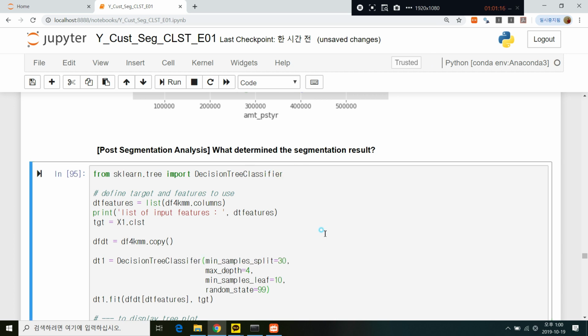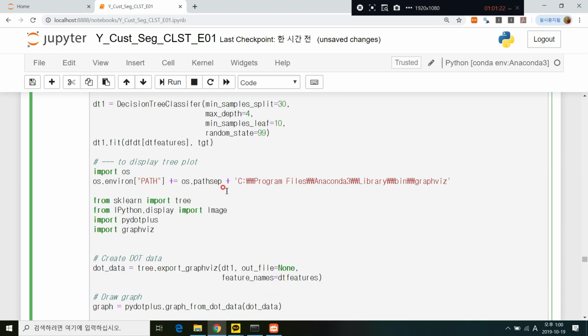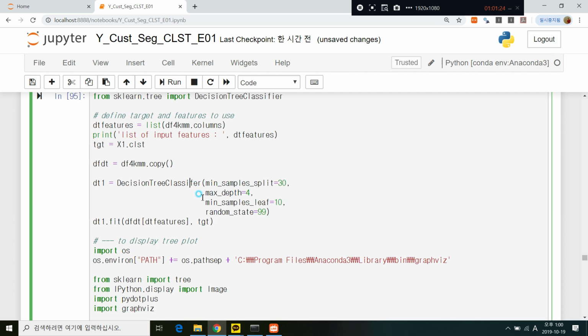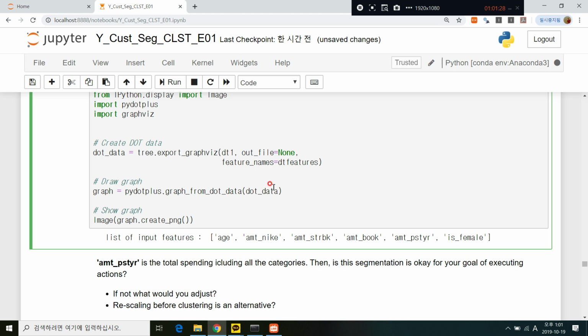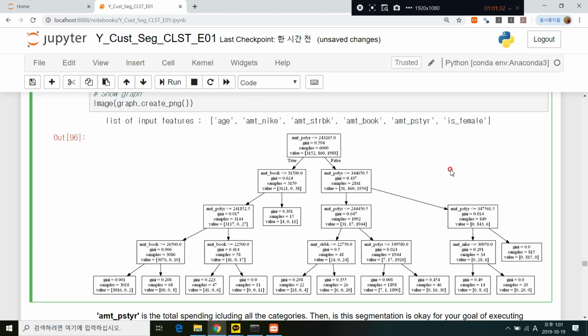Let's just change this right away. Classifier. Oh, there was a typo, sorry. Okay, it works, and then we've got the result. The decision tree finds the rules to differentiate the clusters, the groups, on past year.